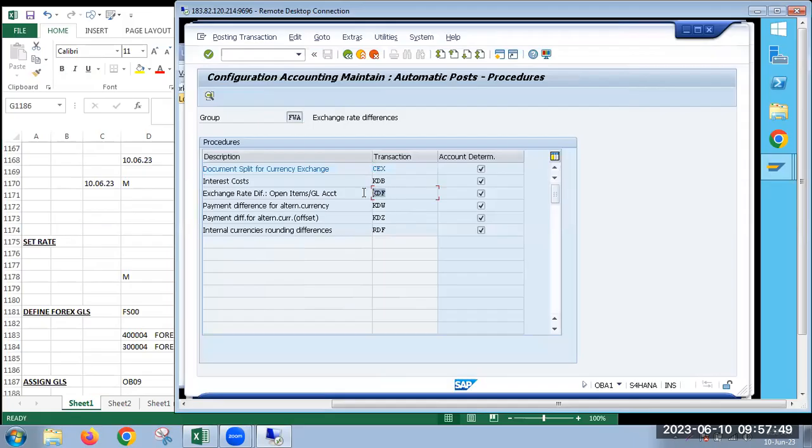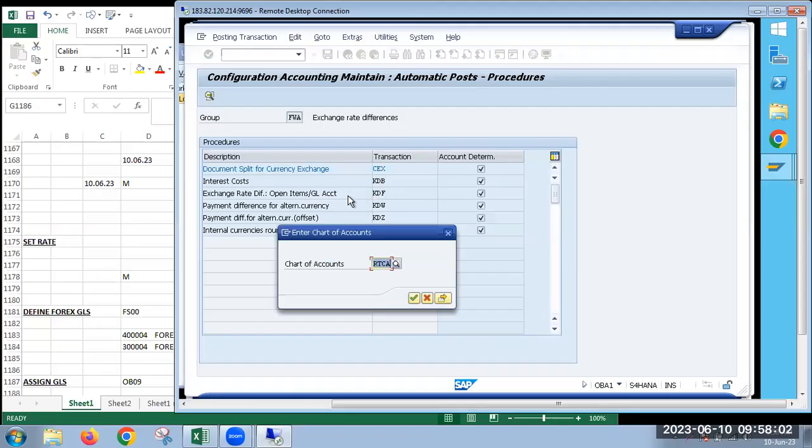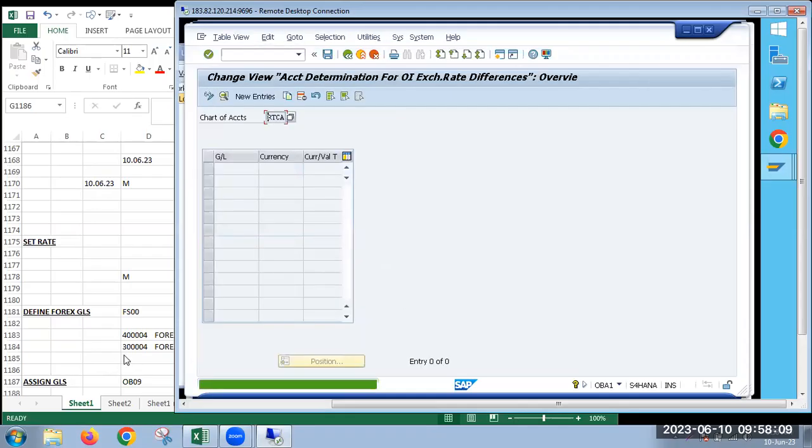The same way like SKE we have seen, SKT we have seen, and BIL for balance carry forward, here it is KDF. If you go for OBA1, double click on this one. Again the same way, transaction, chart of accounts, or you can use OB09 also. So directly we will come here. Again the same thing, KDF will be the transaction. So here we will specify the GL account.